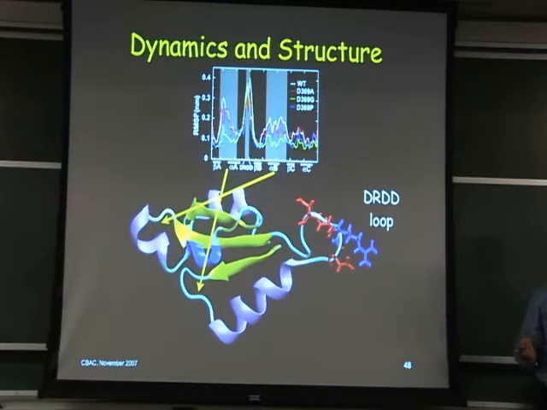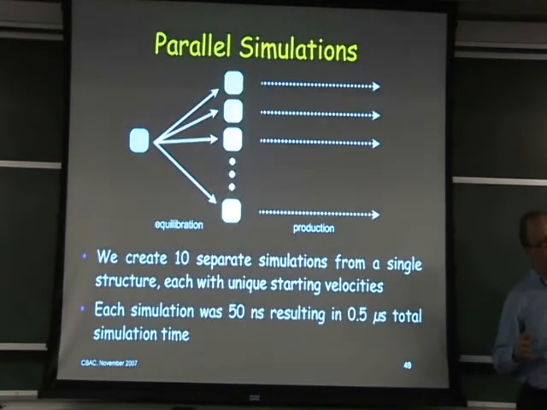This classic version of allostery is known as a redistribution of an ensemble of dynamics, which was first described back in 1984. We're making this mutation up here, at the point where calcium is binding, and we're seeing a change in dynamics at the bottom of the loop. So we want to investigate this in a bit more detail.